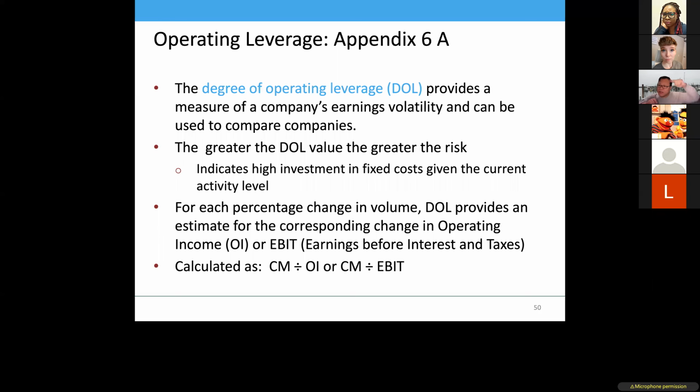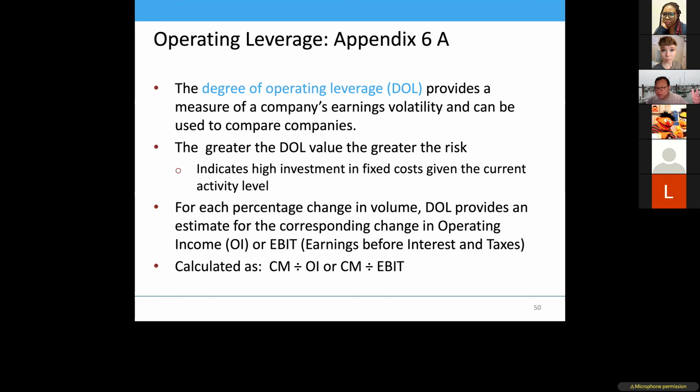If the market is not doing well, my sales dropped by 1%. How does that translate into my operating income? If my sales drop by 1%, my operating income only dropped by 0.1%, I would say that this company's earnings is not volatile.